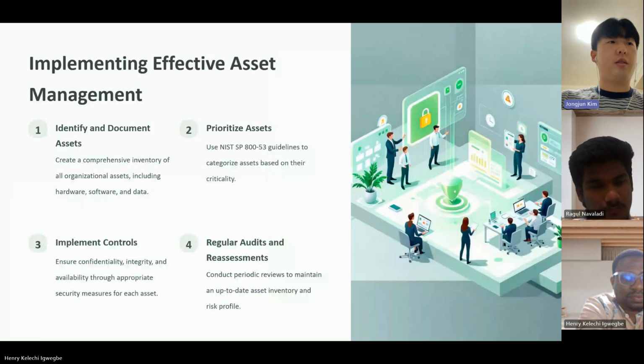For instance, sensitive customer data requires encryption and access control to ensure its security. According to NIST 853, asset management provides a structured approach to safeguarding the confidentiality, integrity, and availability of assets.